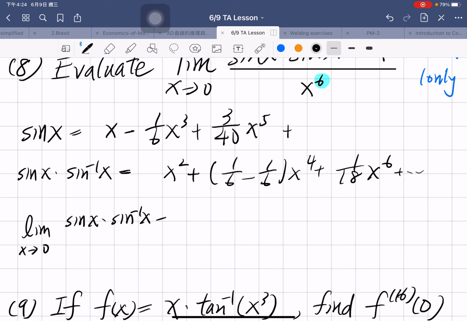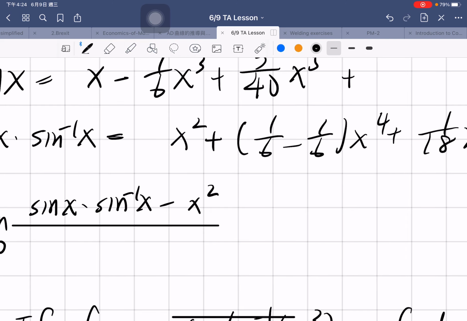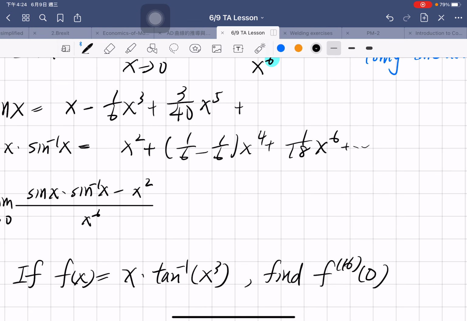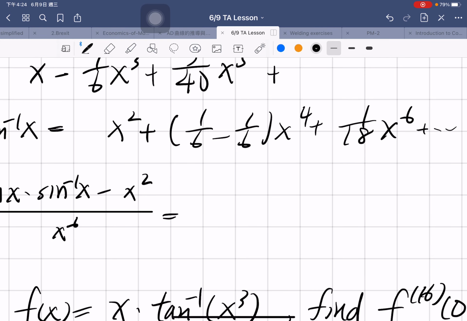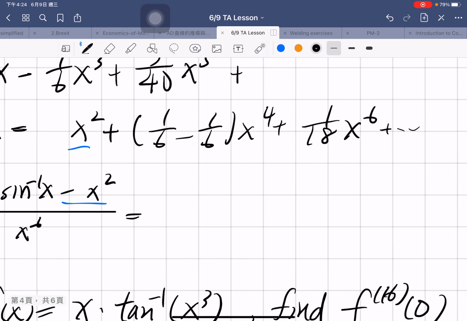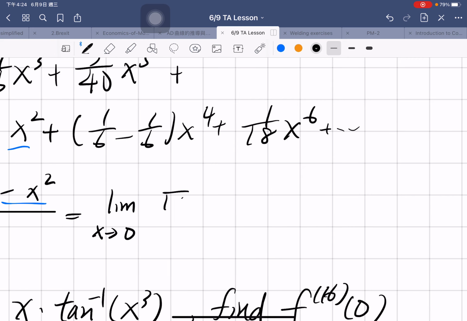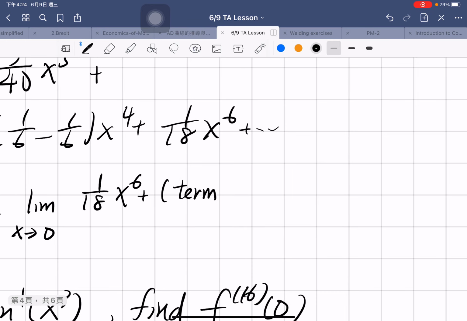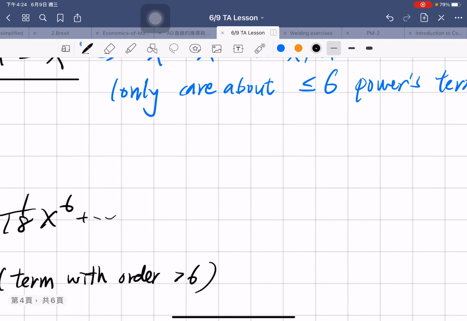So the answer of the limit, subtract x with the 6th power, and you notice that the x cubed in here and x cubed will cancel out. So at the end you will get the limit of x close to 0 of 1/18 with the x 6th power, and the terms with order greater than 6.